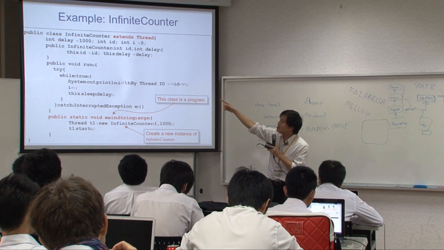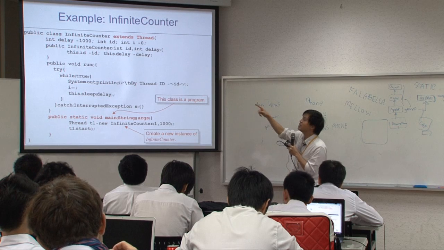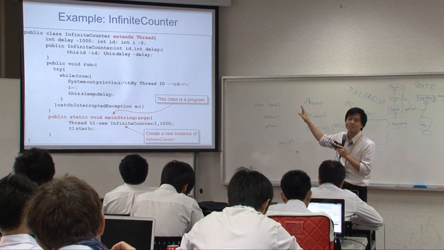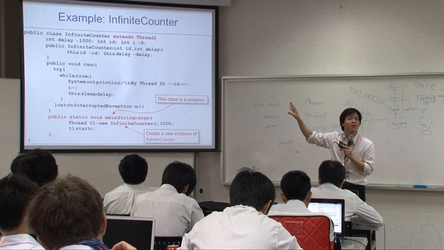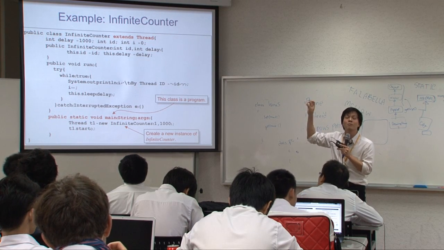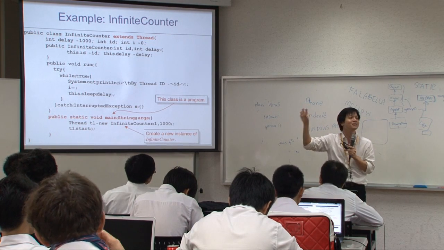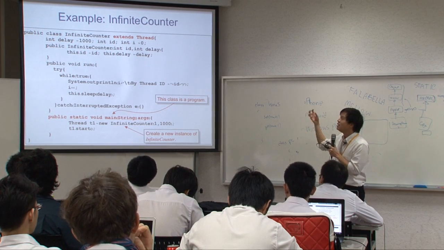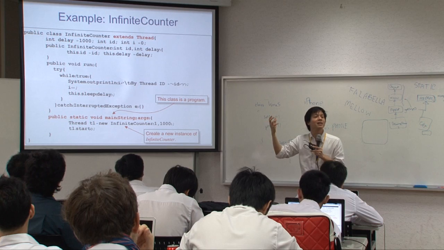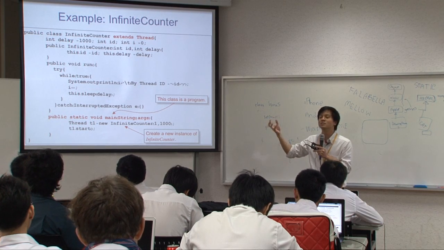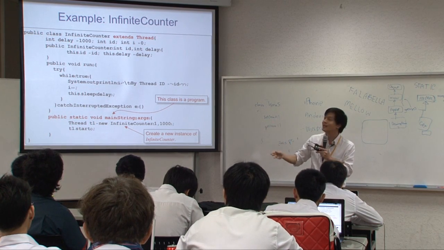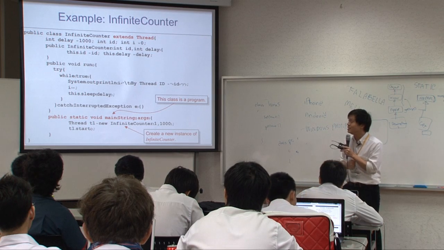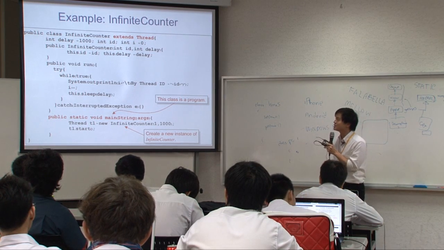Then the next method, public InfiniteCounter, and then some parameters. Do you still remember what this is called? This special method that has the same name as the class is a constructor, right? Normally a constructor is a place where we would like to set some parameters, which is the case in this case, all right?